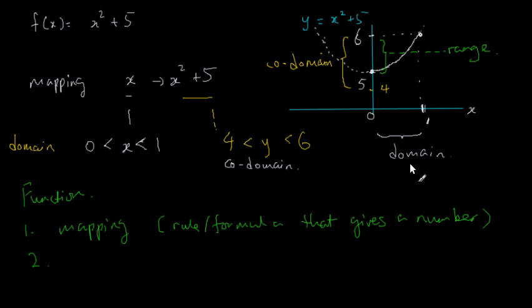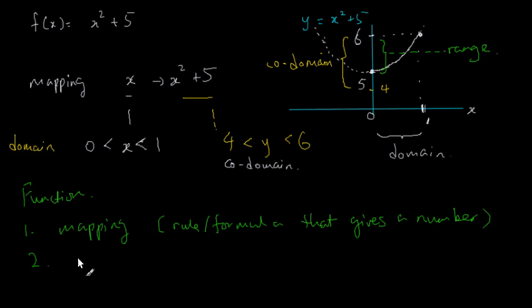Now the next thing about a function is this. When you use this rule or formula to find an answer, you must get a unique answer.